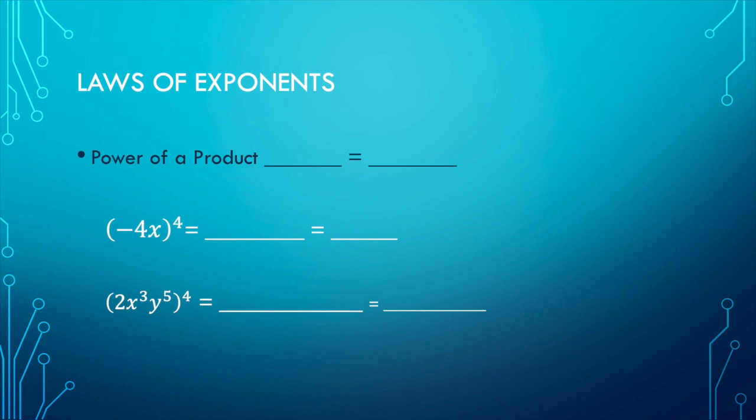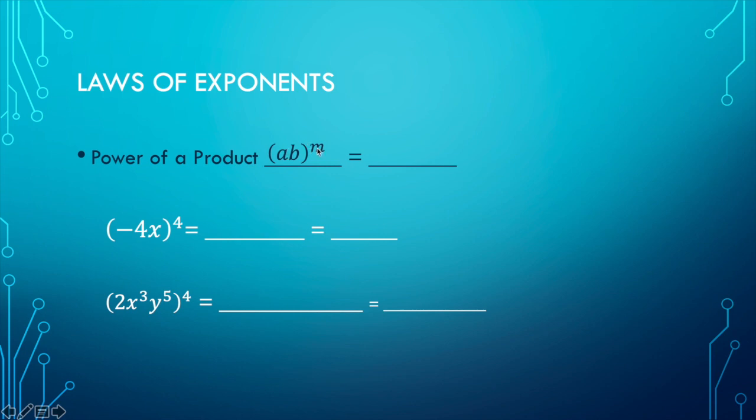Okay, so the power of a product. This is a great tool to have. If I have a product, and remember, a product is the answer of a multiplication problem. So here I have 2 things being multiplied together. This is the only time that this rule works, the power of a product.